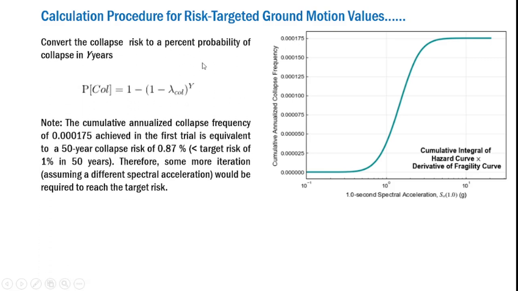Now the problem is that normally this collapse risk value needs to be converted, because our codes always talk about a percent probability of collapse in Y years.